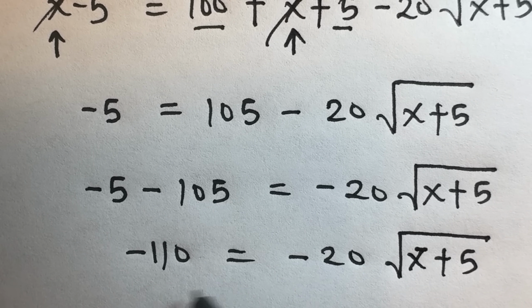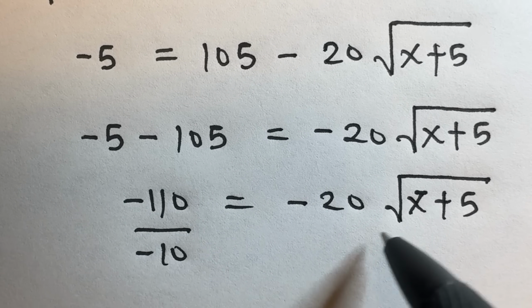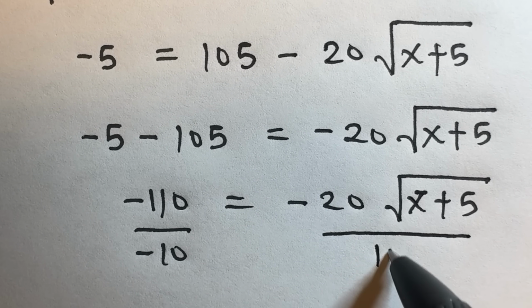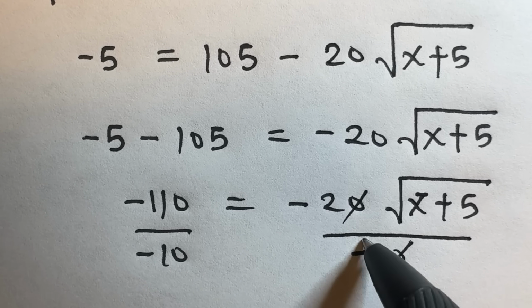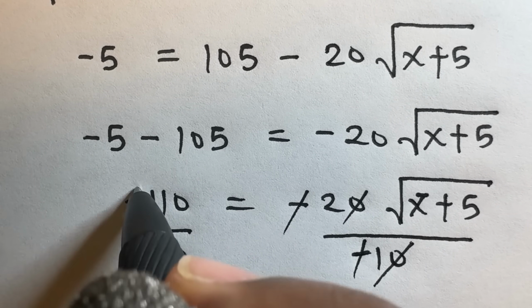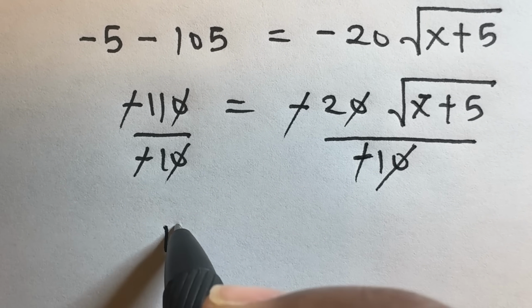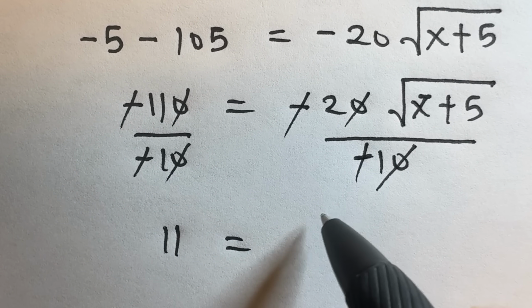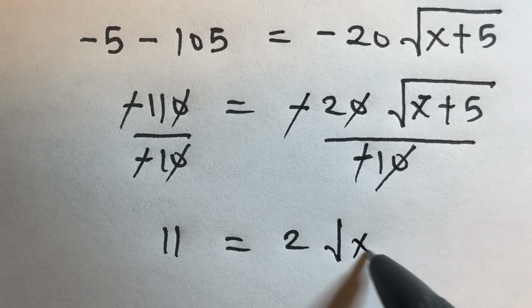We can divide both sides by negative 10. So that this takes care of negative 10, negative cancels, and we have 11 is equal to 2 root x plus 5.